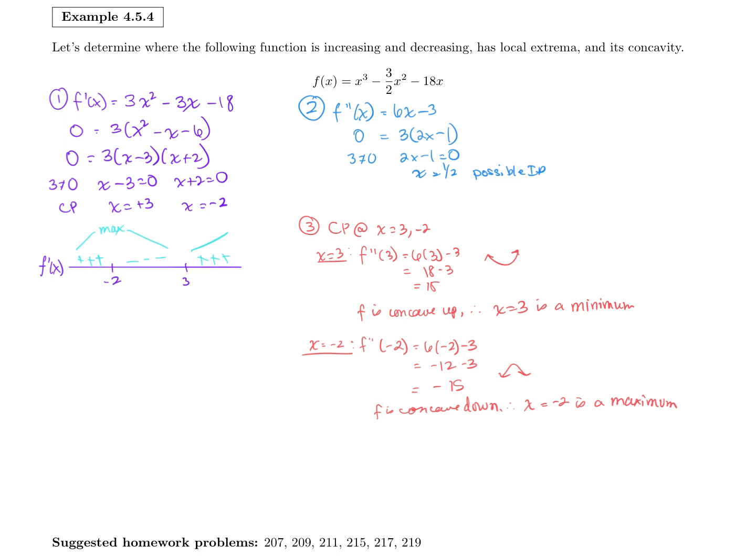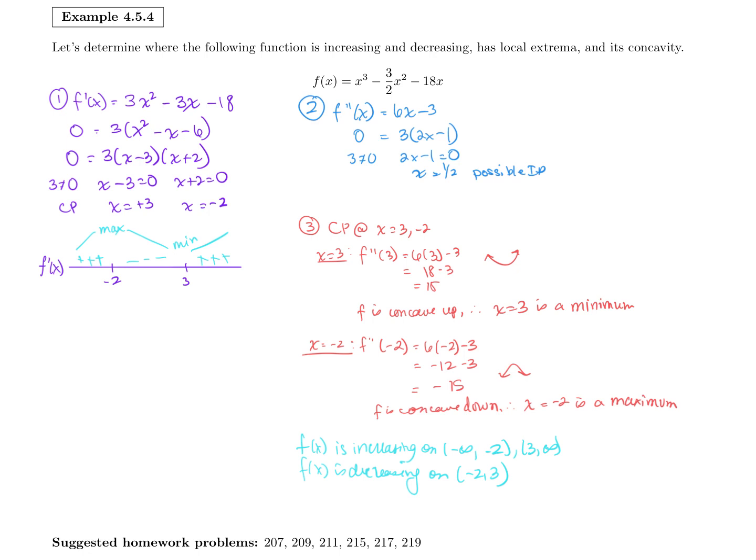Well, we agree with that. And x equals 3 is a minimum. So now we know f of x is increasing on negative infinity to negative 2, and again from 3 to infinity. We know that f is decreasing on negative 2 to 3.